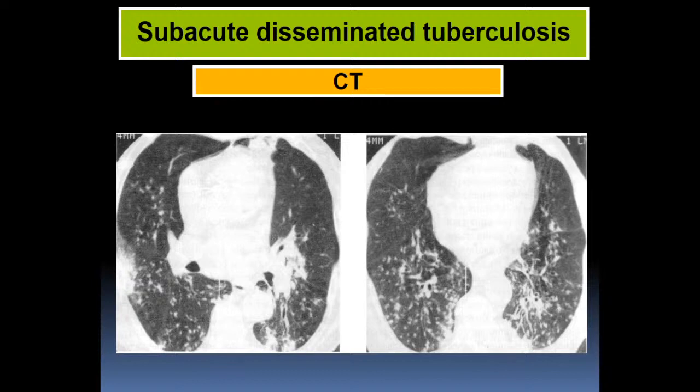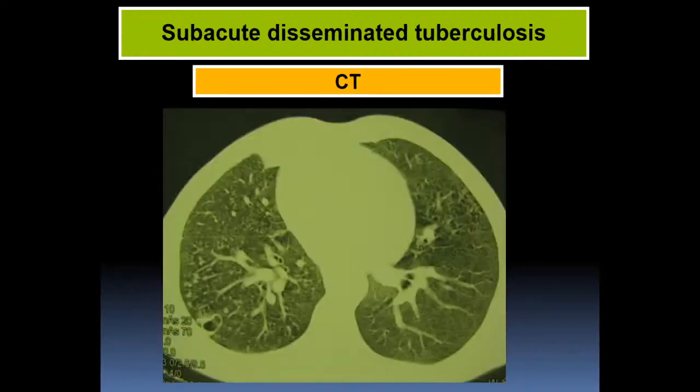Symptom of dissemination on CT scan: also many focal shadows in both sides fused together in infiltrates. On this layer we can see the right side is affected more than the left side, and we see focal shadows and ring shadow.